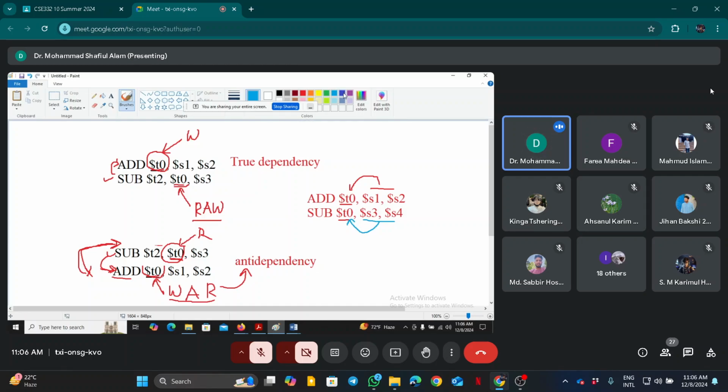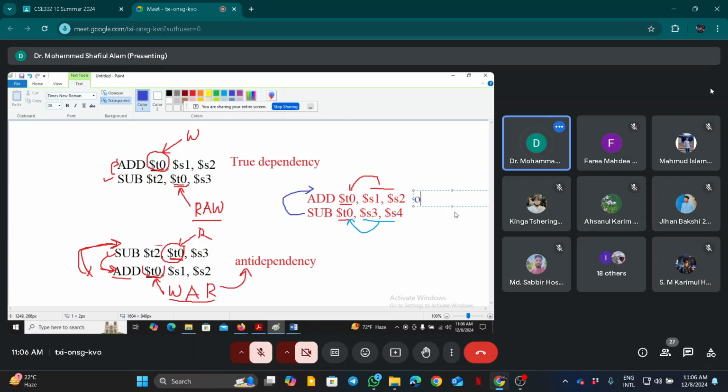Now, if this instruction is processed ahead of this, there will be a hazard in processors allowing out of order execution, and we have a specific name for this one, and it is called output dependency.